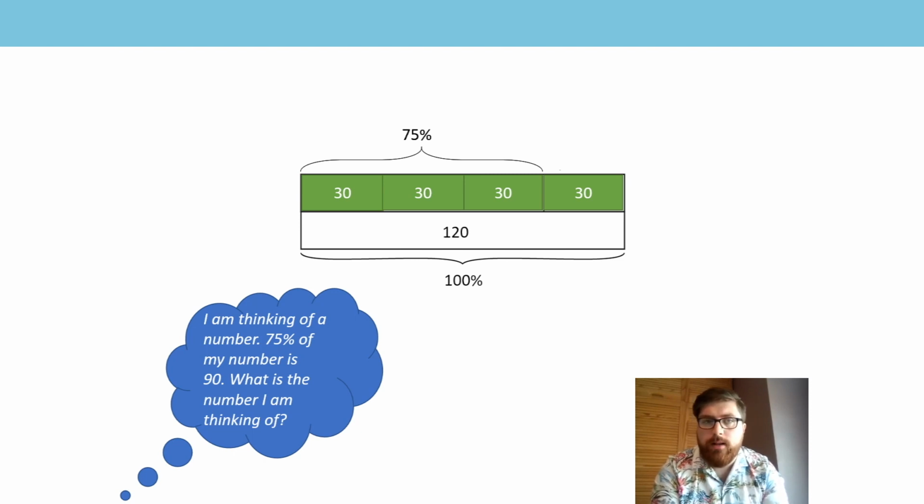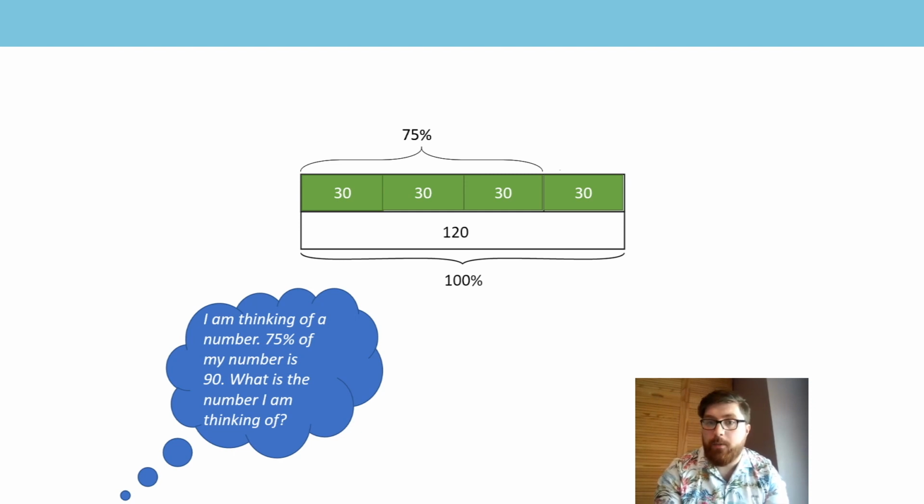120 is the whole. Now, in this example, we can't subtract from the whole, can we? Because we didn't know what the whole was. So can you see how we've had to break down that 75% into more manageable percentages, in this case 25%, and then build back up to our whole?